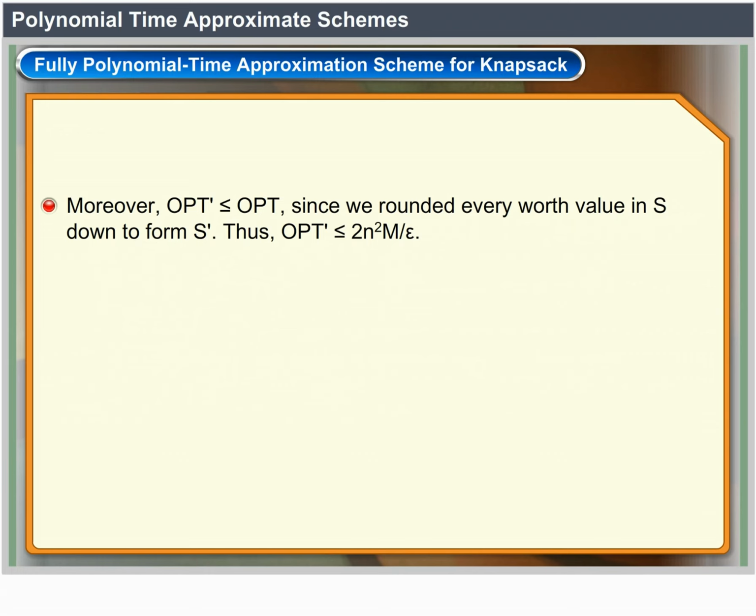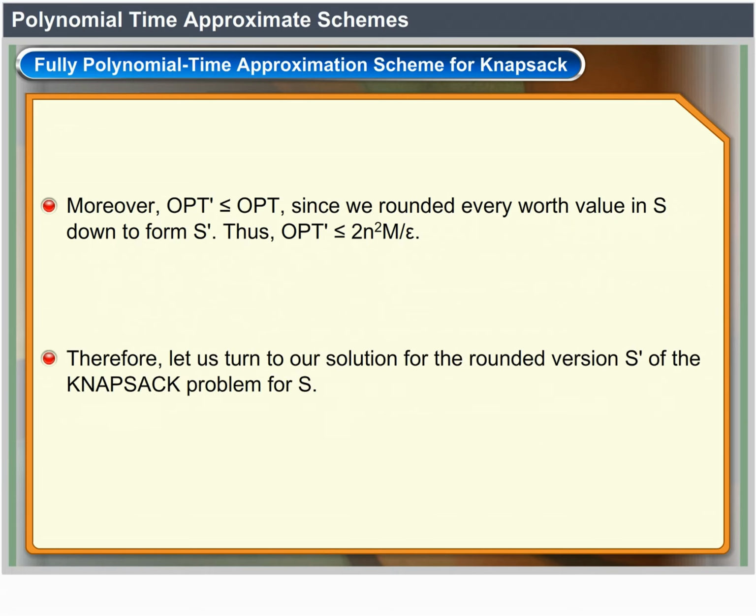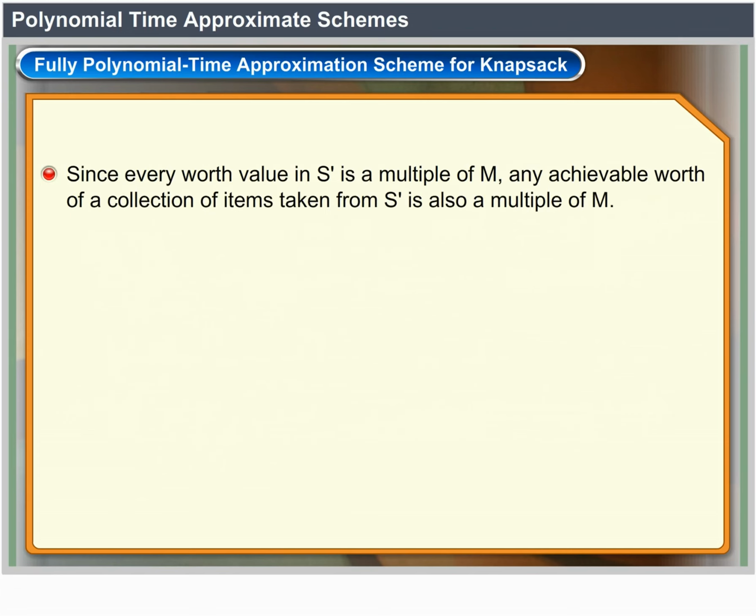Therefore, let us turn to our solution for the rounded version S' of the knapsack problem for S. Since every worth value in S' is a multiple of m, any achievable worth of a collection of items taken from S' is also a multiple of m.